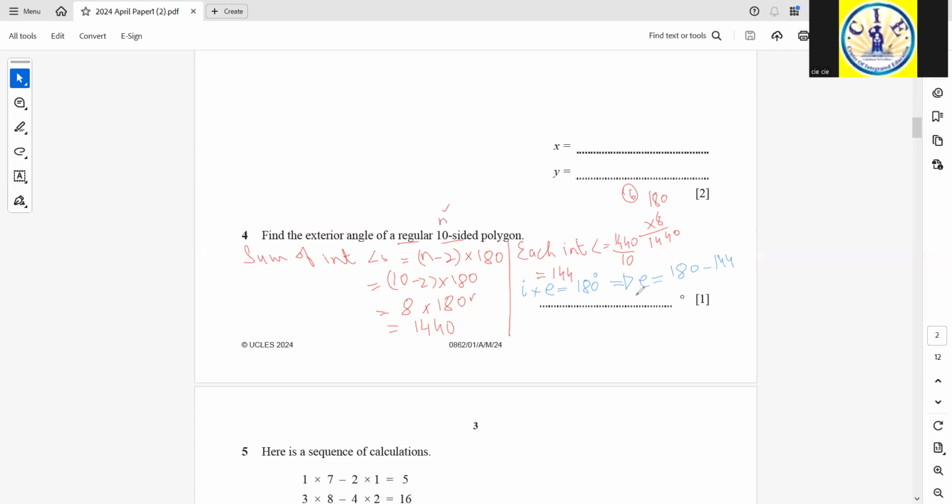That will give me 36 degrees. So the exterior angle of that regular 10-sided polygon is 36 degrees at each vertex. So this is question number 4.